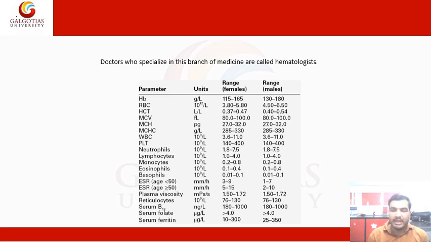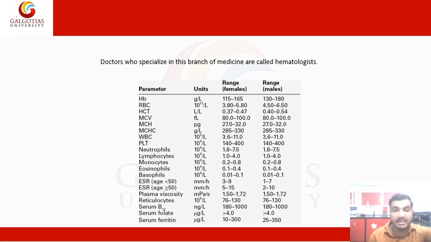Now there are different parameters: HCT, hematocrit; MCV, mean corpuscular volume; MCH, mean corpuscular hemoglobin; MCHC, mean corpuscular hemoglobin concentration; WBCs, platelets, neutrophils, monocytes, eosinophils, basophils, and ESR.